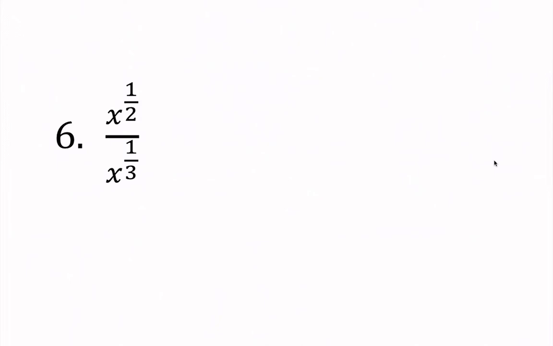Okay, so on this one, I see x's on top and on bottom. Well, I know that 1/2 is bigger than 1/3, so I know my x's belong on top. Since it's on top and bottom, I know the rule is to subtract.